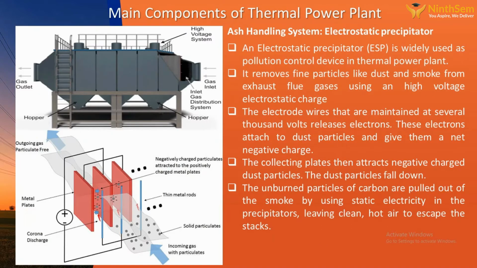The next one we discussed was the electrostatic precipitator, which is used to remove the fly ash in the flue gas system, and we discussed the basic principle of operation of the electrostatic precipitator in detail.